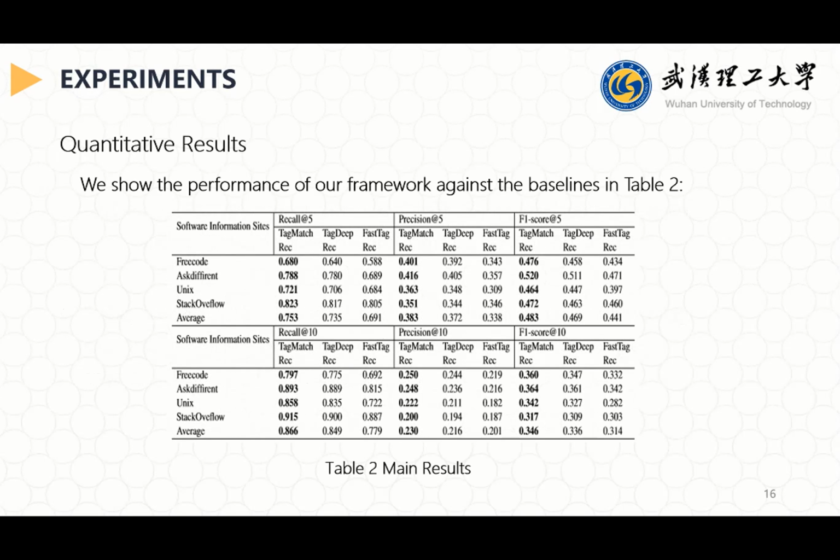We show the performance of our framework against the baselines in Table 2. The bold font in the table indicates the best result. Experimental results show that our TagMatch has achieved better performance compared with the state-of-the-art approaches.